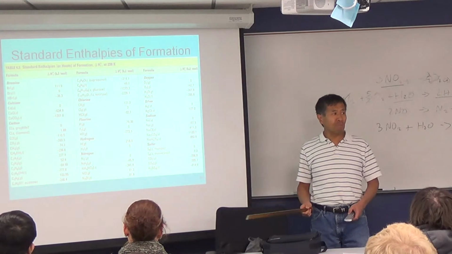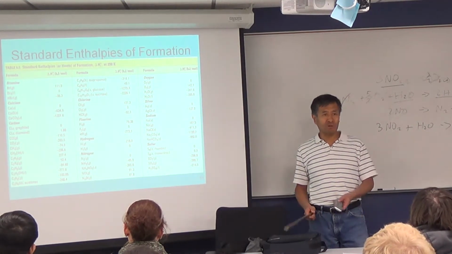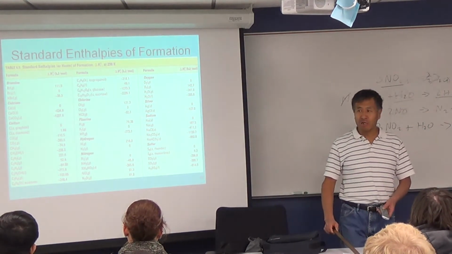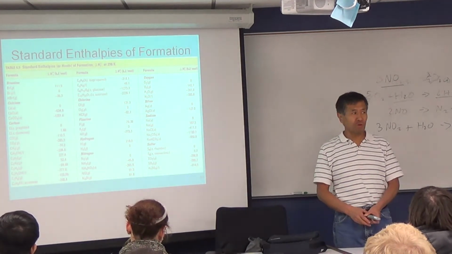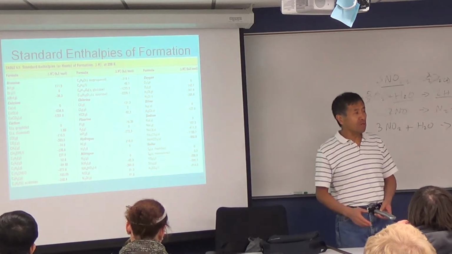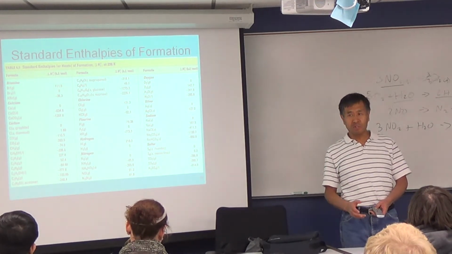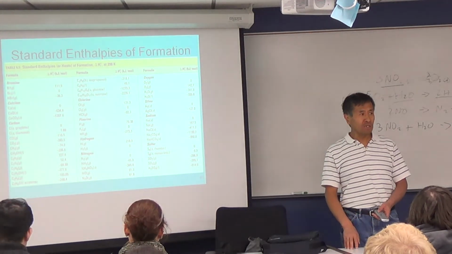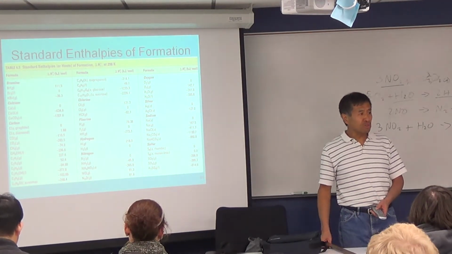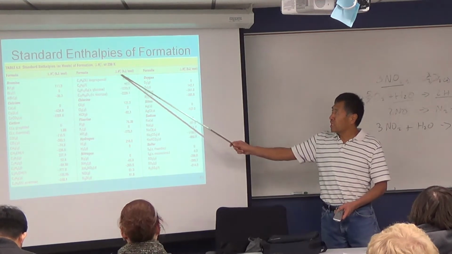In the book appendix C or E, there are more numbers. If you go to the chemistry lab, there's a physical chemistry handbook with more numbers. So for most of the common substances, either compound or element, they will have this number in it.